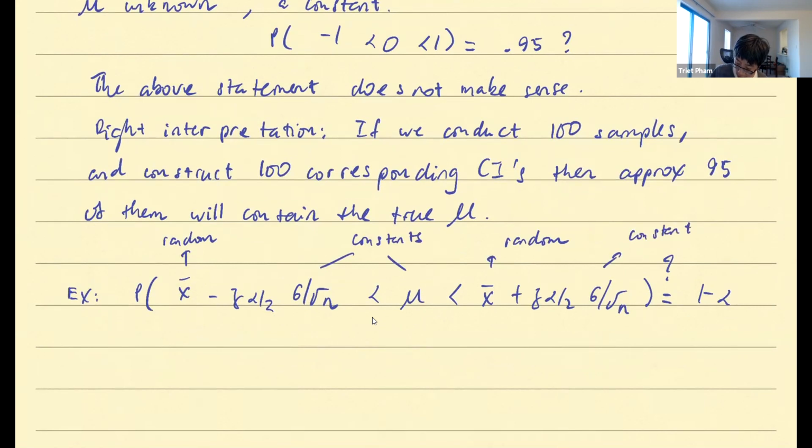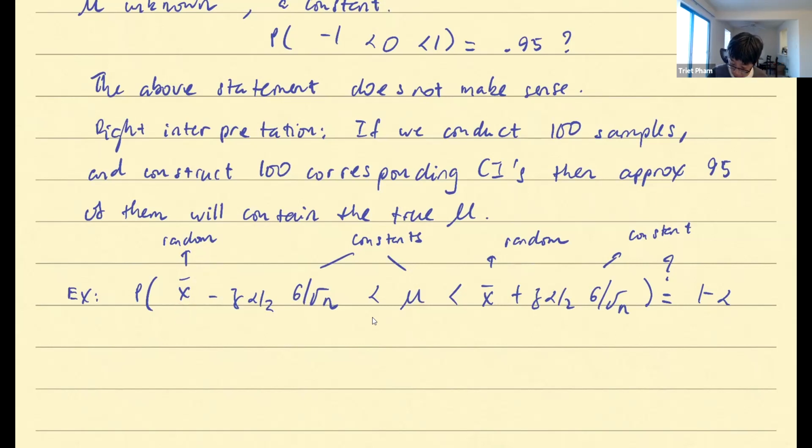This probabilistic statement is because of this. If you take it out, then there's no probability. So everything centers around it, and you want to put the probabilistic statement on it.